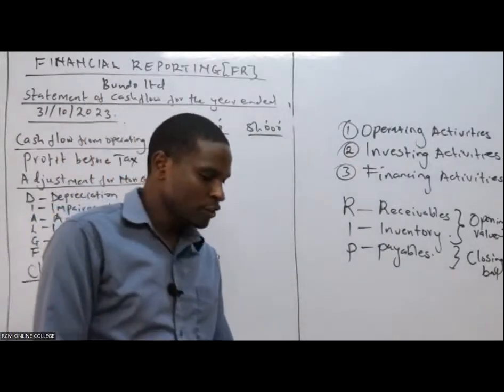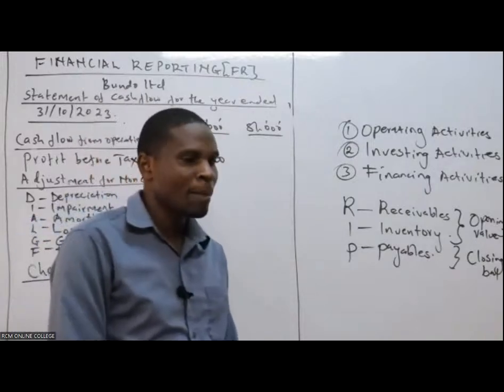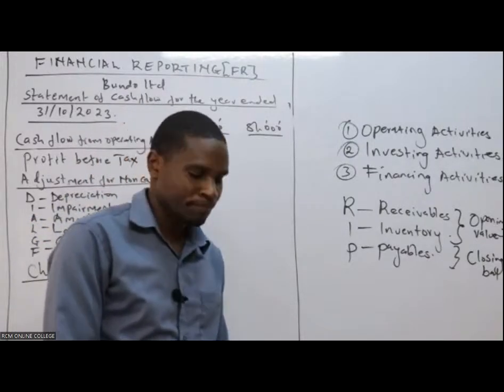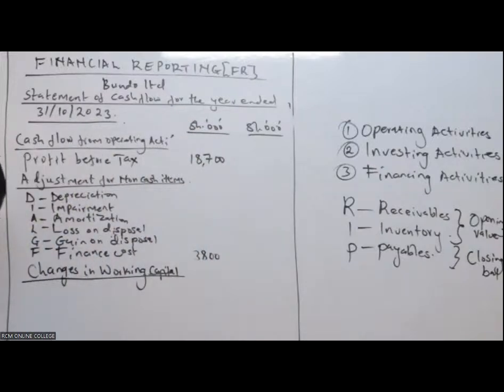Now, let's go direct to our balance sheet and check what we have. Under current assets, niko na nini? Inventory.